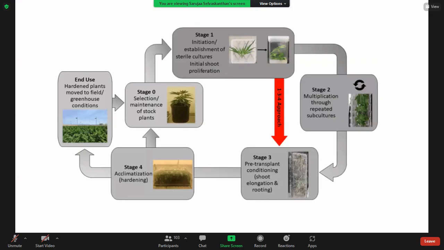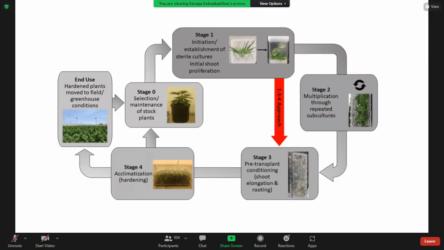Stage 1, we want to establish the sterile culture. Sterile means aseptic, without contamination. We establish a new culture, and we have to inoculate the explant in the culture medium.